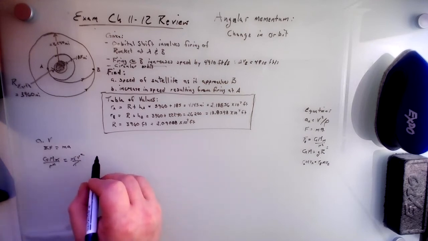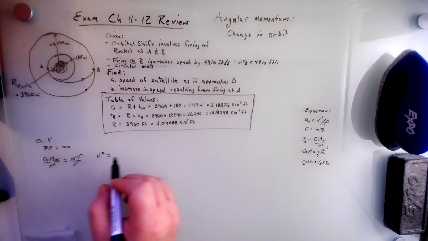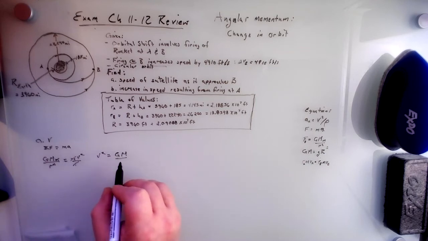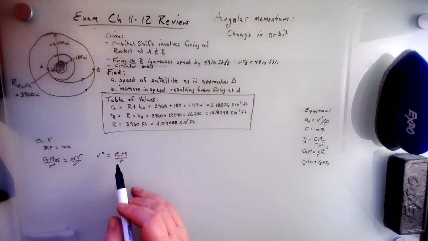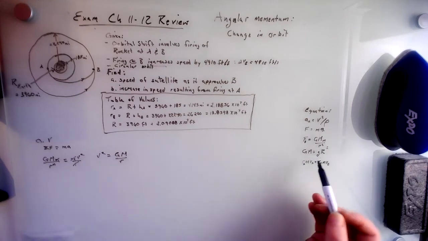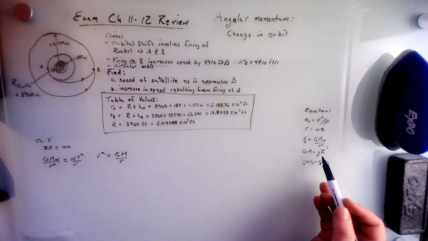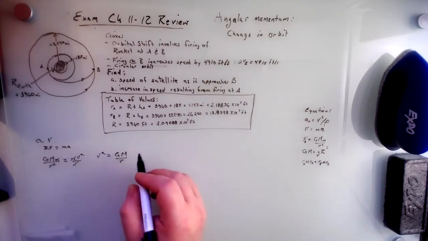The little m and r cancel on this side, so we're left with v squared equals big G, big M over R. We don't have G or M, but we do have big R. So we can substitute G R squared in for GM.